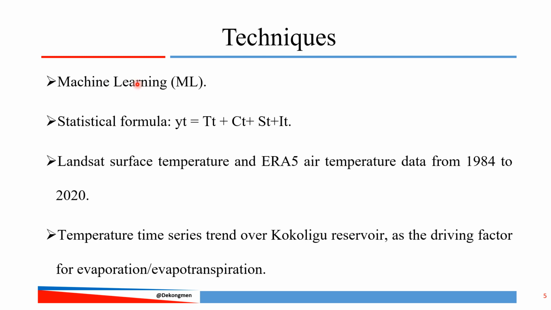The method used for this work was machine learning techniques in the Digital Earth Africa platform. If we look at this statistical formula, this is the data that was plotted. The y sat t, and t sat small t, is the trend at a time, and the c is the cyclical movement of the trend at a time, and the seasonal trend at a time, and the I sat t is the errors or the random noise at a random point.